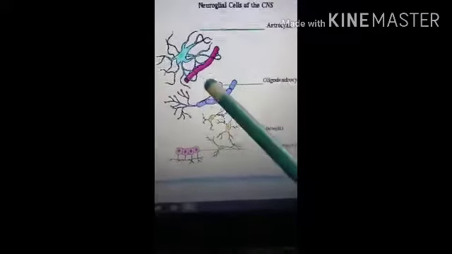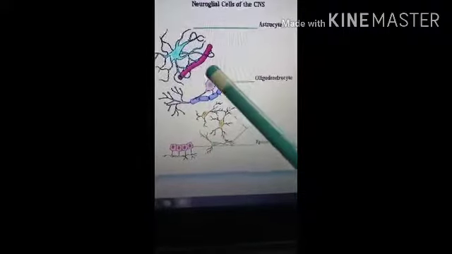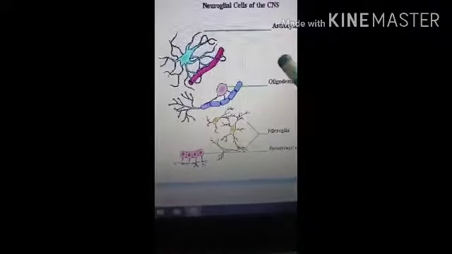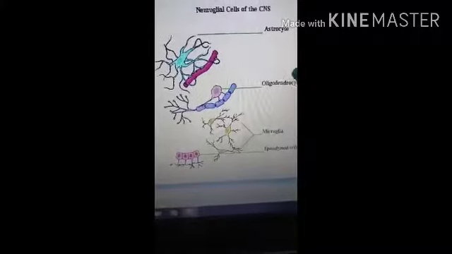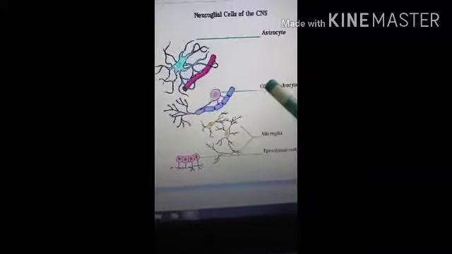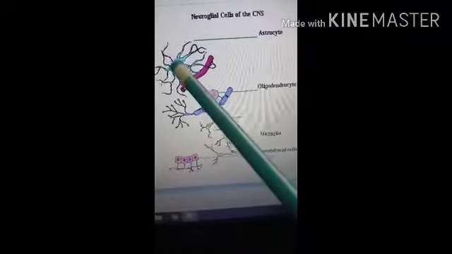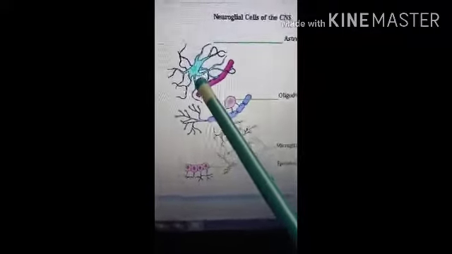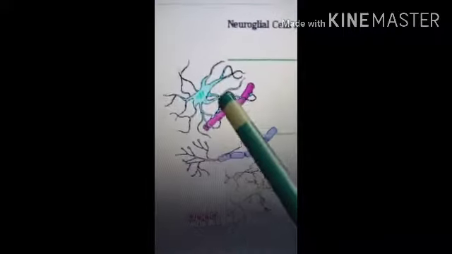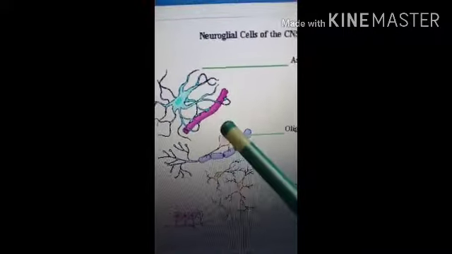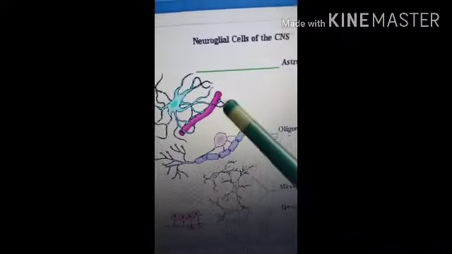First let's see the first type of neuroglial cell, the astrocytes. Here you can see the astrocyte. These are the largest and most numerous, and the main supporting tissue of the nervous system. They are star-shaped cells. In this diagram you can see the star shape of the astrocyte.